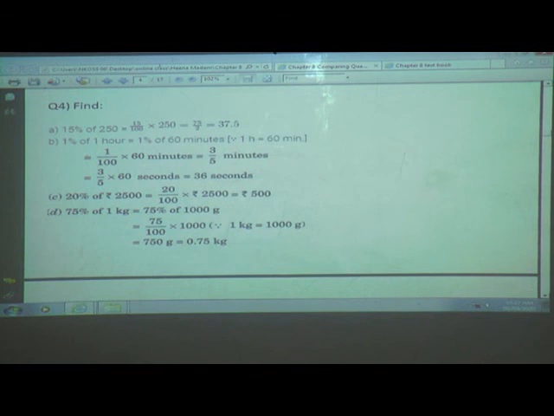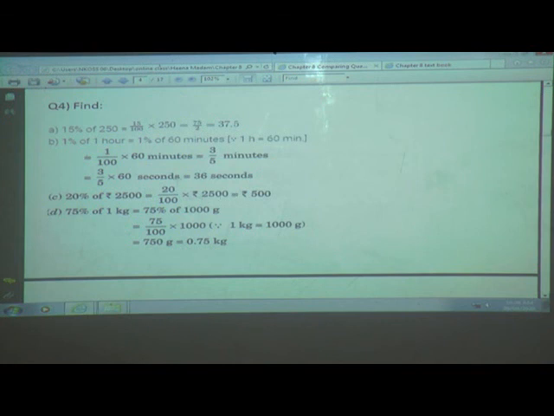In this way we can find the percent of a given amount, given hours, or given quantities, because percent means out of 100. One more example: 20% of rupees 2500. What I have given here is very similar to the previous one. Here the amount is more, and the percentage is also more. So 20% of 2500 rupees is equal to 20 upon 100 multiplied by rupees 2500.